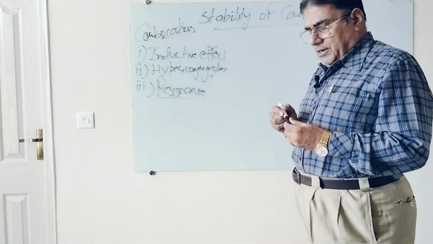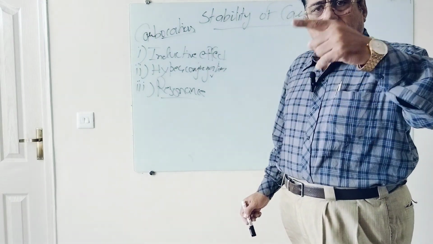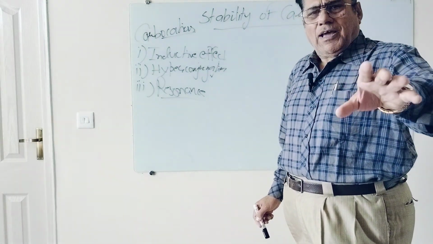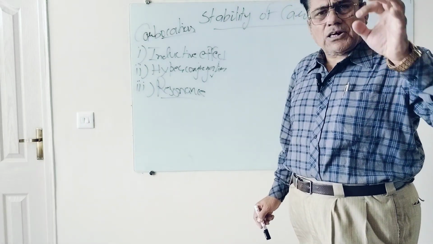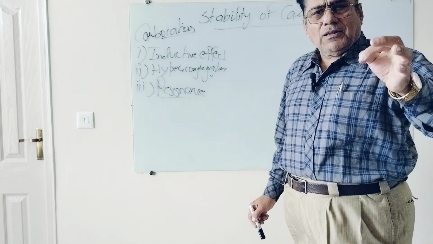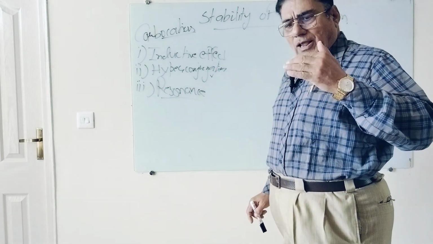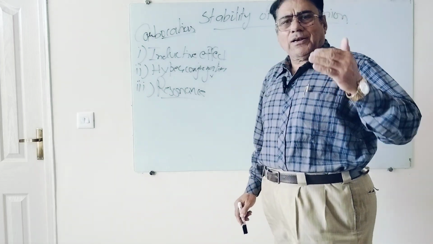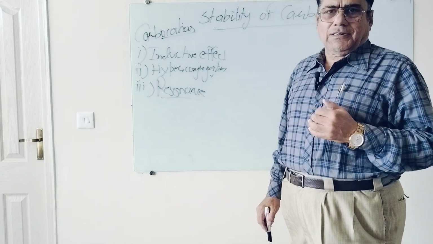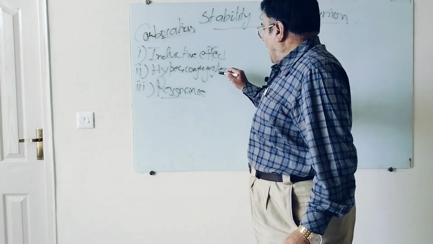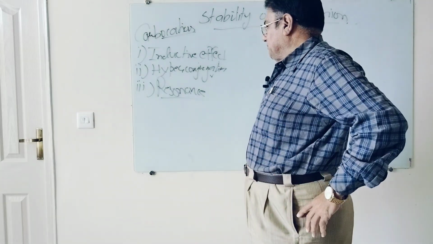Tertiary butyl is much more stable than ethyl due to hyperconjugation also, because as the number of alpha hydrogens increases, the number of hyperconjugative structures increases, right? So hyperconjugation and inductive effect were in the same direction.